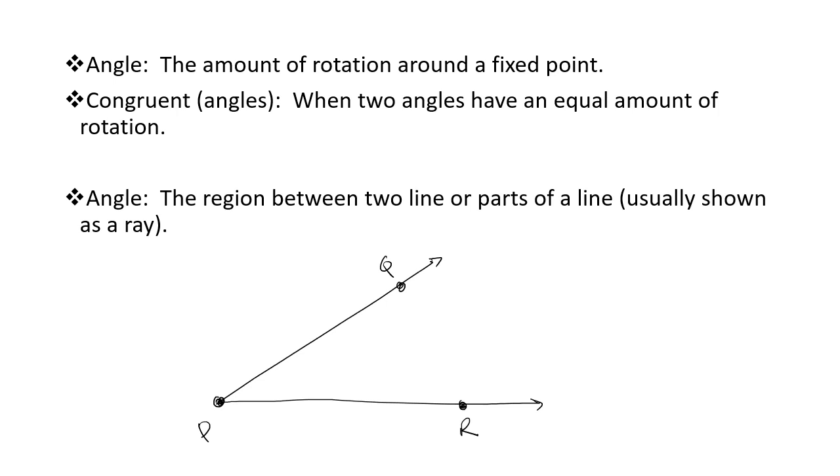And so I could think about if I were to take PQ and rotate it, or if I were to take PR and rotate it. Now, we're not going to get too far into positive or negative or the directionality of this right now. We will in a couple of slides. But right now we can see just the basic idea of moving one to the other.